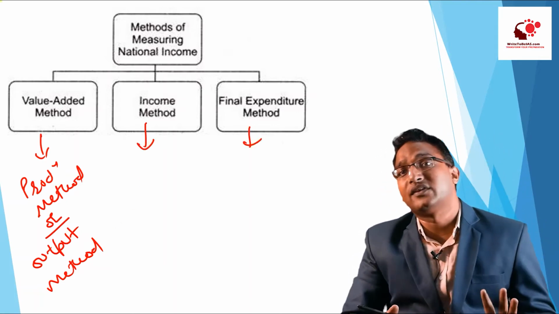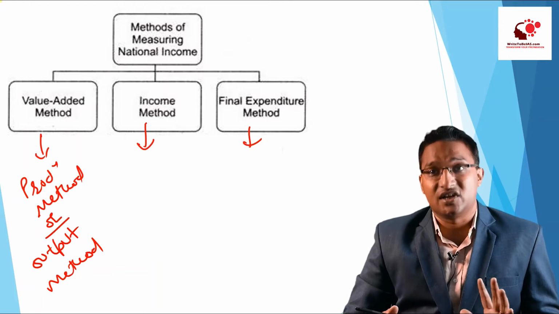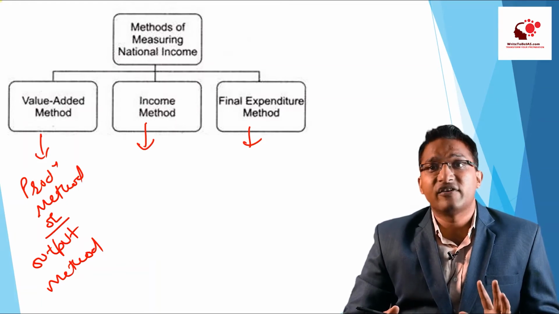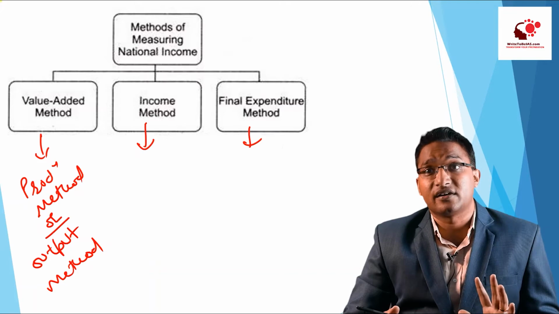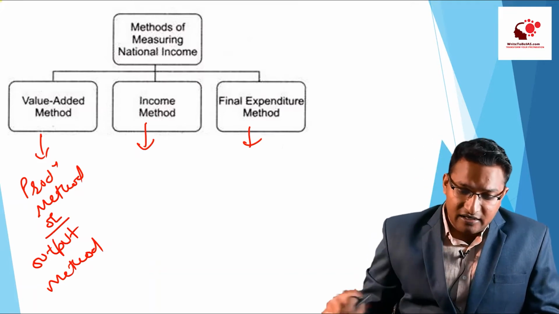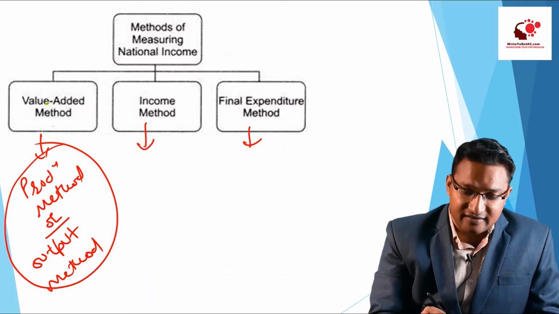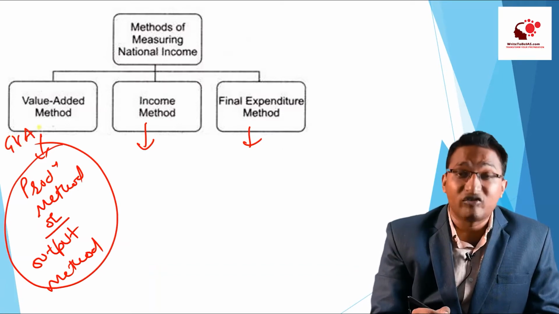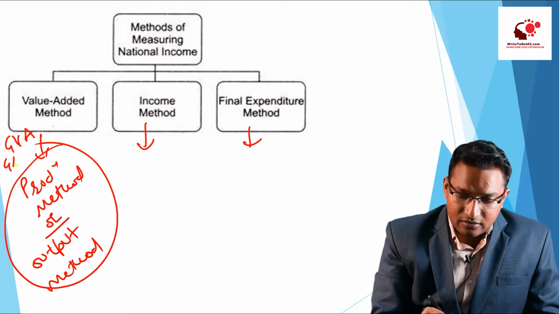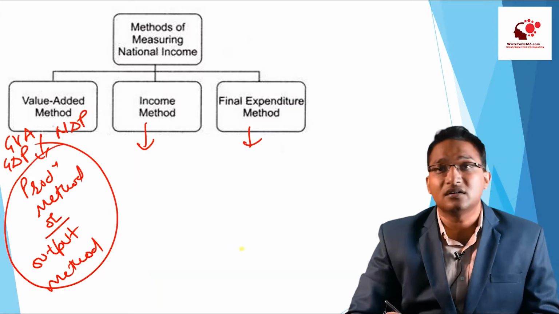For each of these methods, there are different parameters, right? There are different indicators. What are those indicators? So the indicators for the value added method are GVA, gross value added, GDP, gross domestic product, NDP, national domestic product.